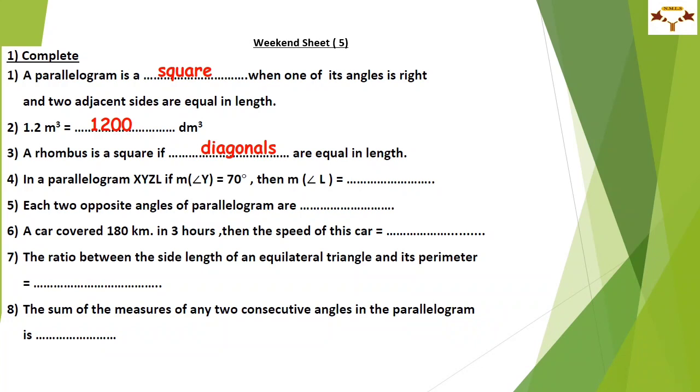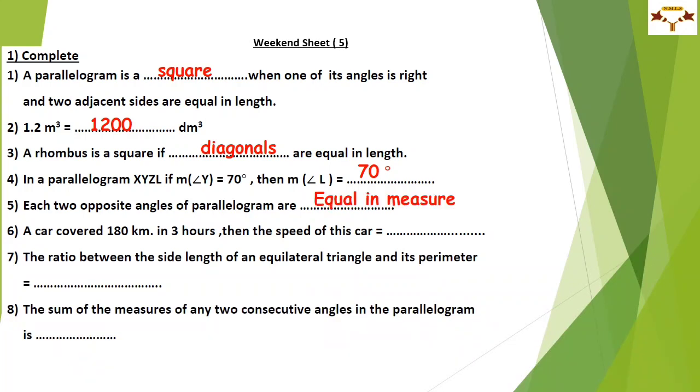We know that opposite angles are equal in measure. So angle Y equals 70, then angle L will be 70 as angle Y. Number 5. Each two opposite angles of a parallelogram are equal in measure, as we just said.